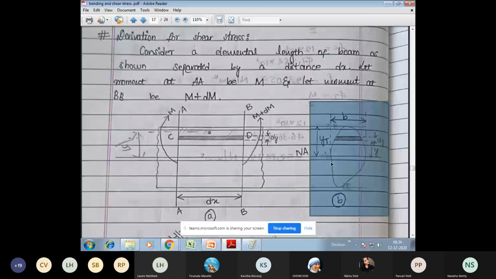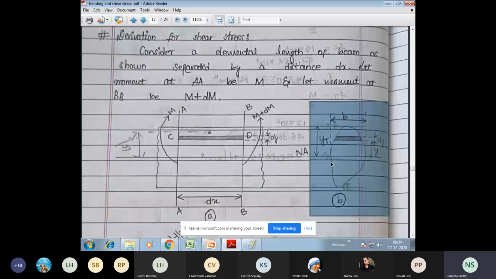Sannidhi, Rohini. You're there? Top flange, ma'am. Top flange. Anyone else? Tensile, ma'am.